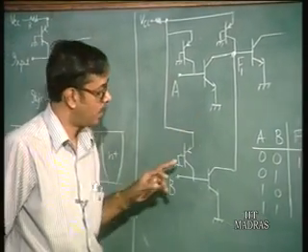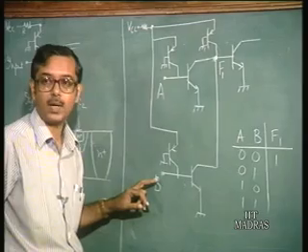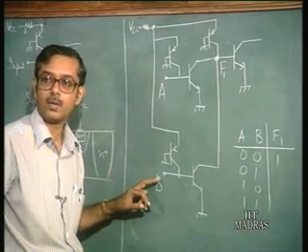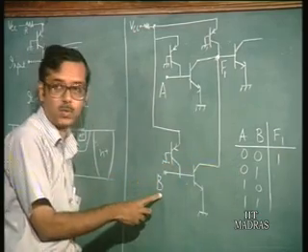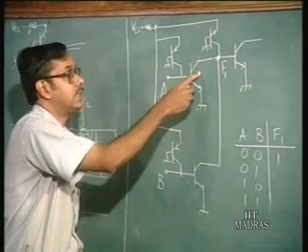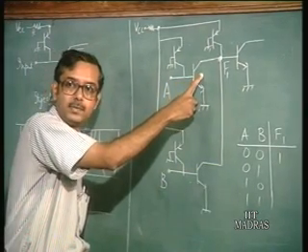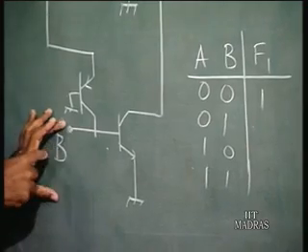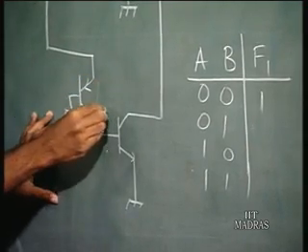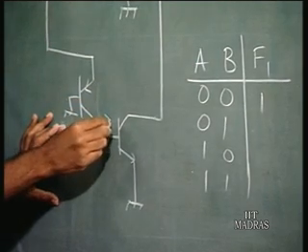When one of them is 0 and the other is 1, what happens? So suppose this is 0 here, A is 0, B is 1. This transistor is cut off. What happens to this transistor? 1 means here there is a cut off transistor. So the current from this current source flows into the base.